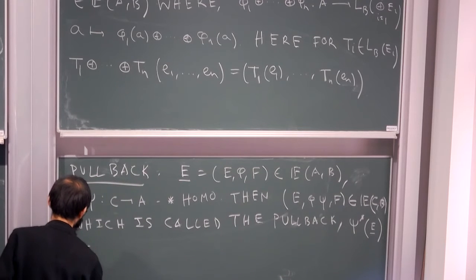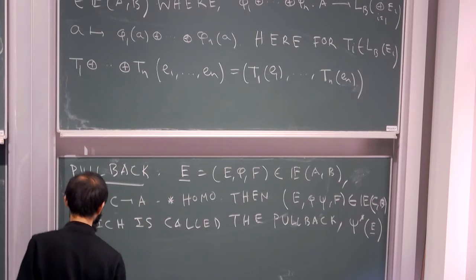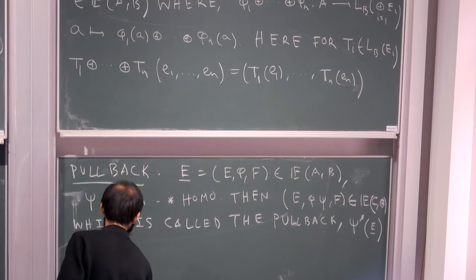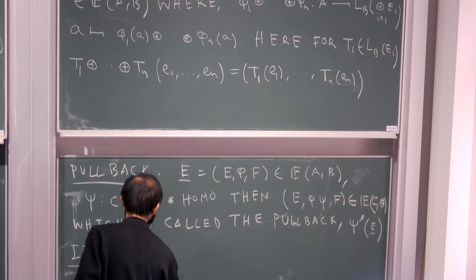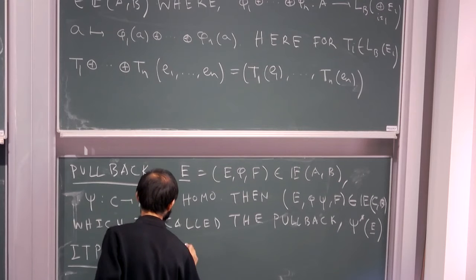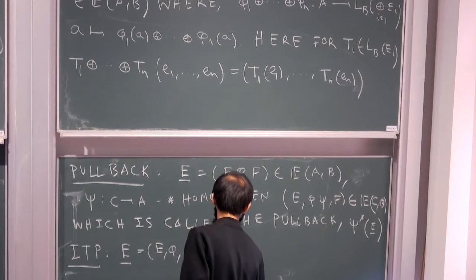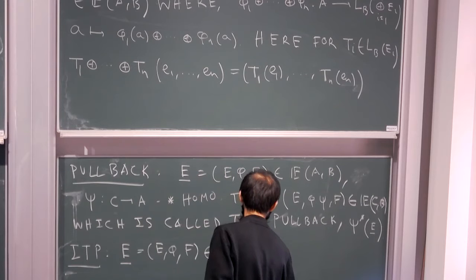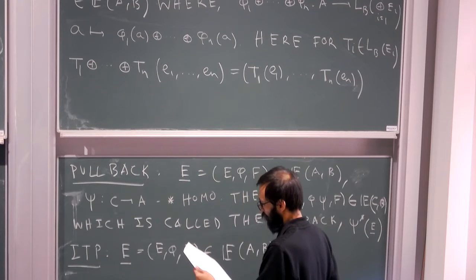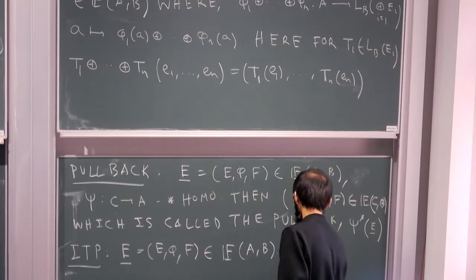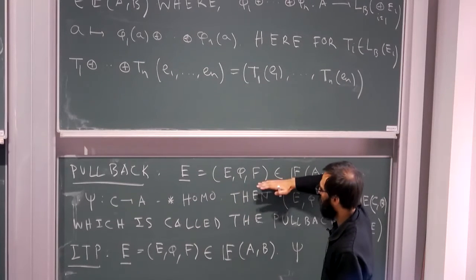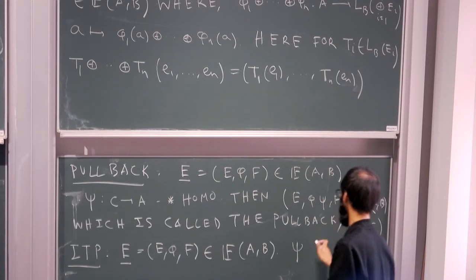Now the internal tensor product. Again, it's E tensor over psi with F. So I have pulled back through here. Now I would go this way.